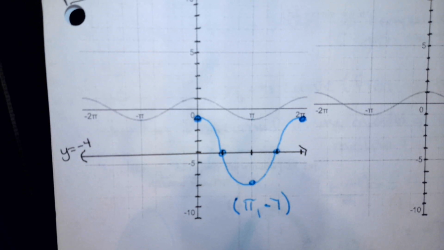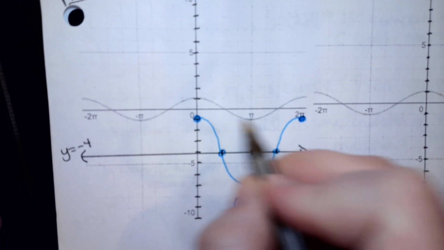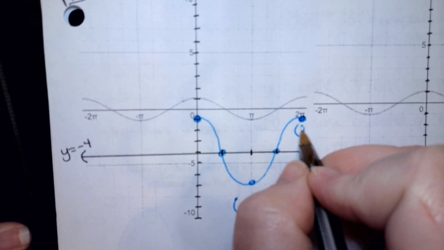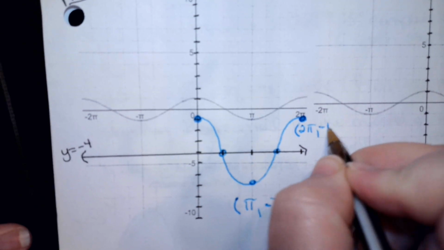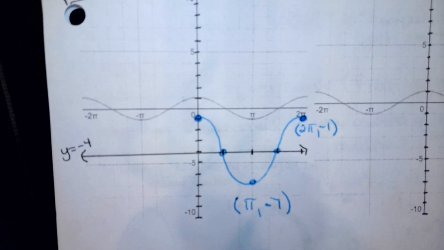If I were to ask you, what is the final maximum of that first cycle, that would be this right here. That's the last maximum. Your x value is 2 pi, and your y value is -1. If I were to ask you, what are the 2 crossover points?